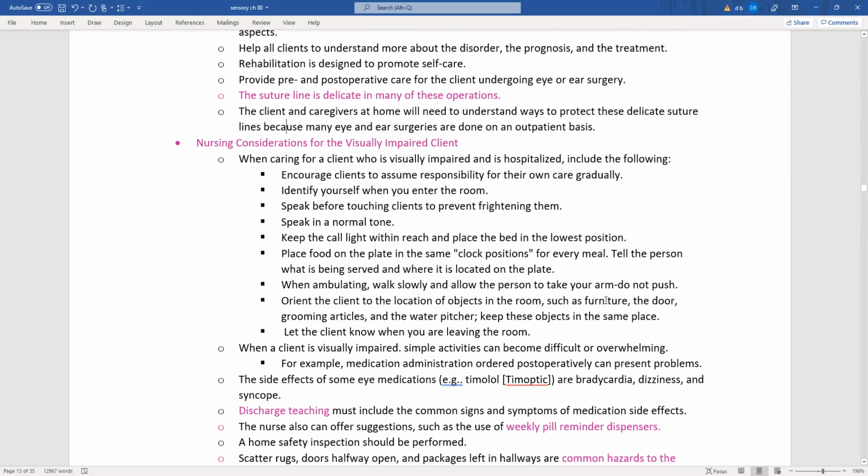Let them know where the furniture is, where the door is, where the comb and brush and toothbrush are, where the water pitcher is. Keep those objects in the same place. Don't go in there rearranging things. That's not your house. Let the client know when you are leaving the room. Don't have them just sit in their room. They already can't see, and they're in there talking to themselves, and you've been gone.